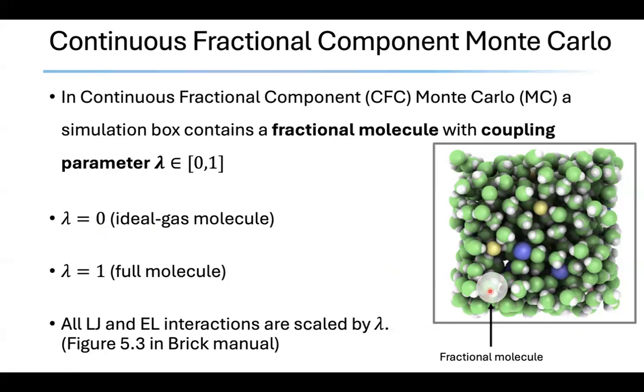When I say interactions, I'm mainly referring to the Lennard-Jones interactions and also the electrostatic interactions that are relevant for this molecule with its surroundings. Now, for an intermediate lambda between 0 and 1, all of these interactions are scaled. The expressions for the scaled Lennard-Jones and electrostatic interactions are available in the Brick manual.